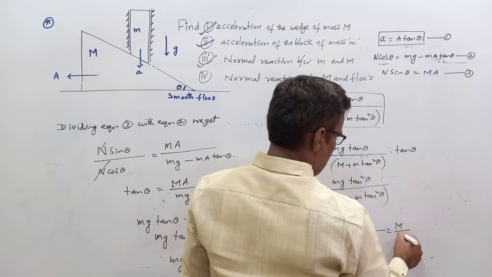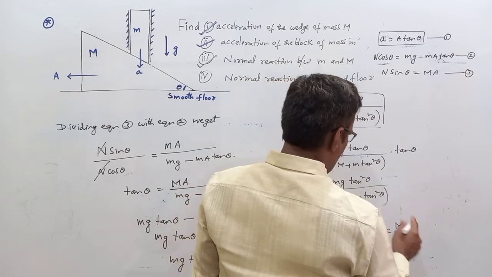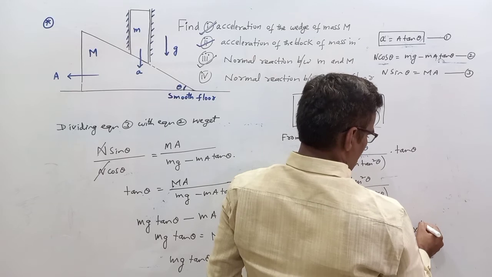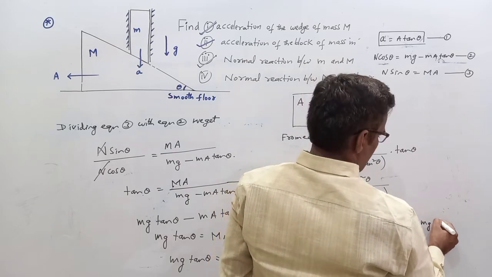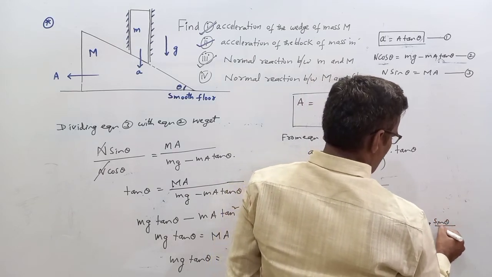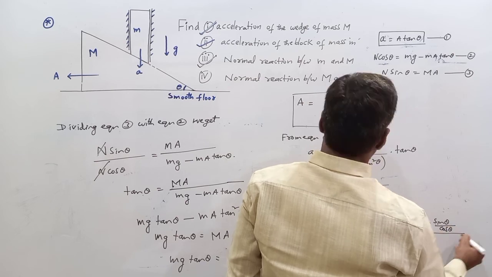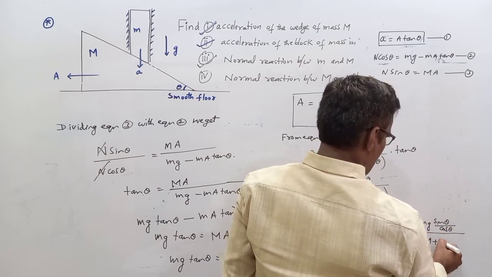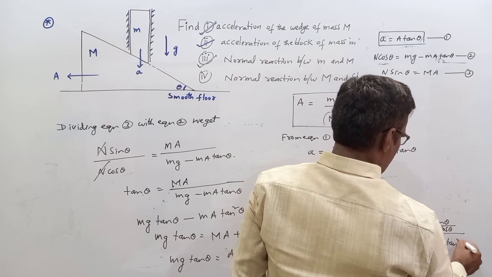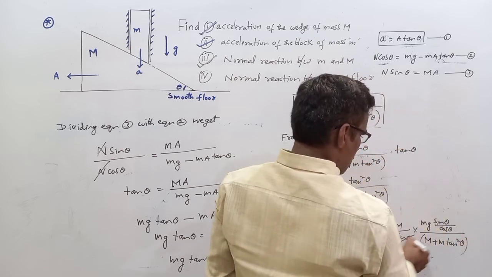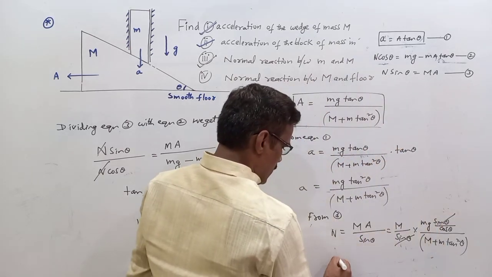A value is right here: mg tan theta divided by (capital M plus small m tan square theta). Here this cancels, no problem.